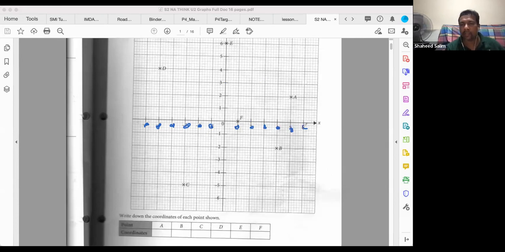Based on the coordinates, this is A. This is C. This is E. This is F. This is G. This is H. This one is 0. This is I. Q, P, R, S, T.